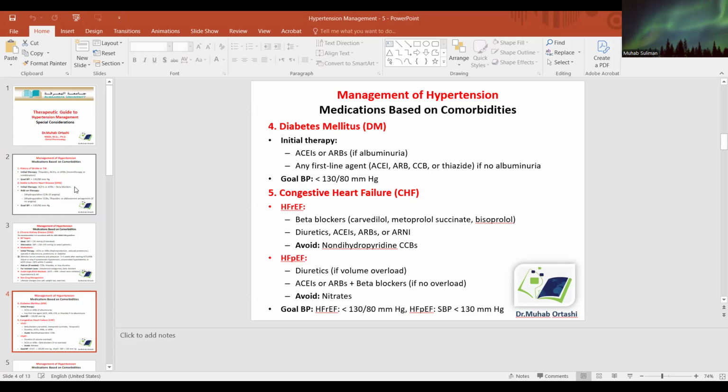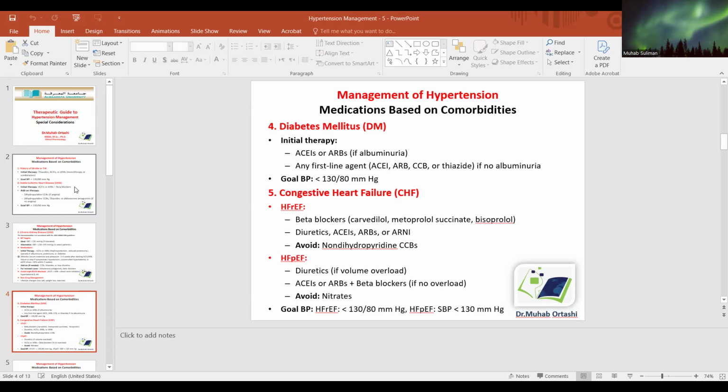What if the patient has hypertension with congestive heart failure? We have two types of heart failure. As a classification, we have heart failure with reduced ejection fraction and heart failure with preserved ejection fraction. We regard the patient as preserved, or normal, if the ejection fraction is more than 50%.